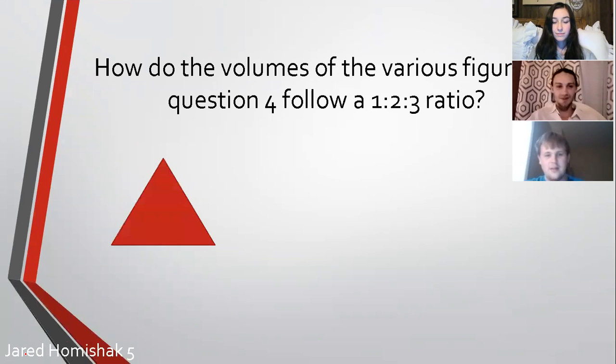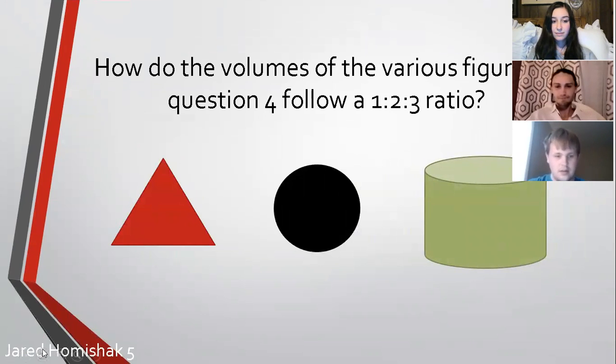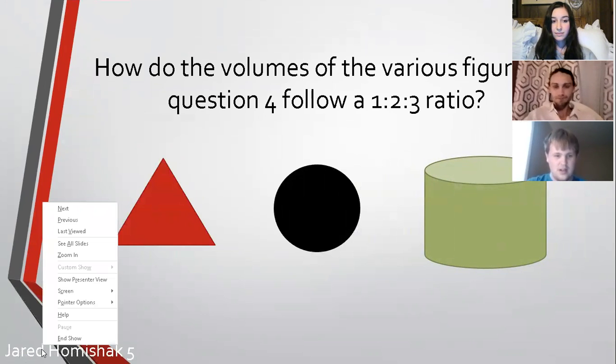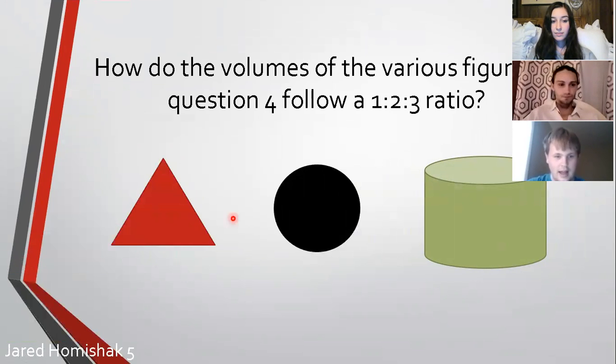All right. First of all, let's refresh. We had a cone, a cylinder, a sphere, and a cylinder. I'm sorry for that mix-up. And let's see if I can get... Aha! Here we go. All right. So once again, we have a cone, sphere, and cylinder.